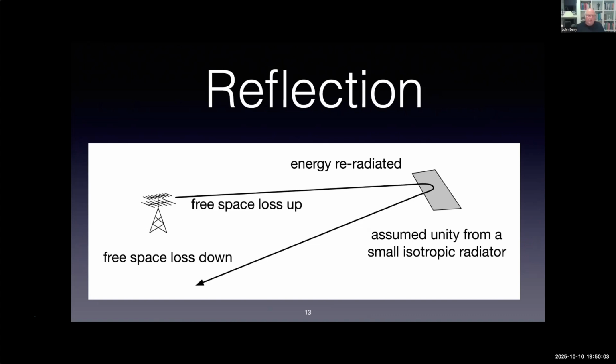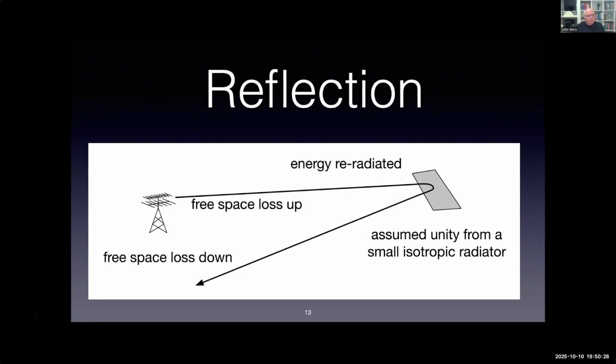What happens when you get reflection is that you send a wave up to the reflecting surface, whatever it is, and the reflecting surface, effectively, to use a wonderful Scottish word, we shuggle up the particles, we shake them up, and those particles re-radiate.